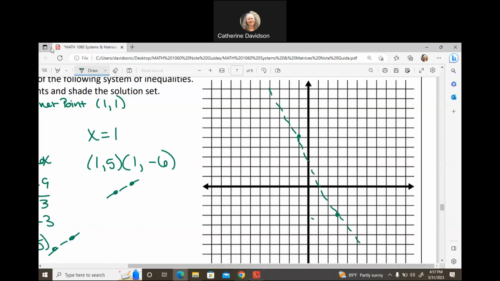All right, so x is equal to 1. Again, that one's also going to be dashed. Over 1, up 5. Over 1, down 6. That line is going to be dashed.